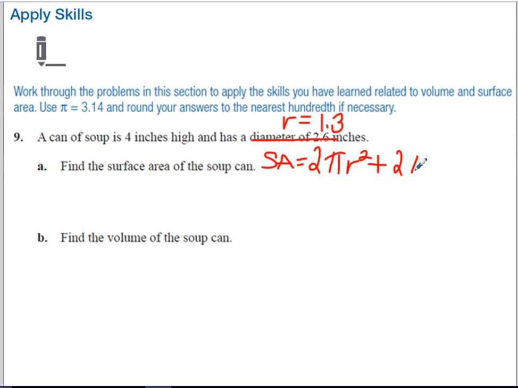So 2 pi r h. So now it's a matter of plugging in those numbers. And so we have volume equals 3.14. Oh, I forgot my 2 up front, so let me add that in.